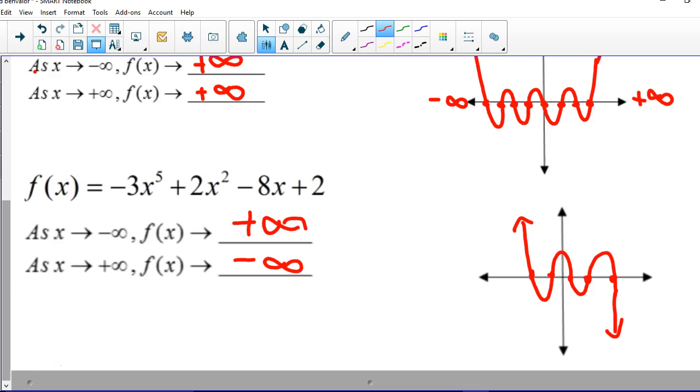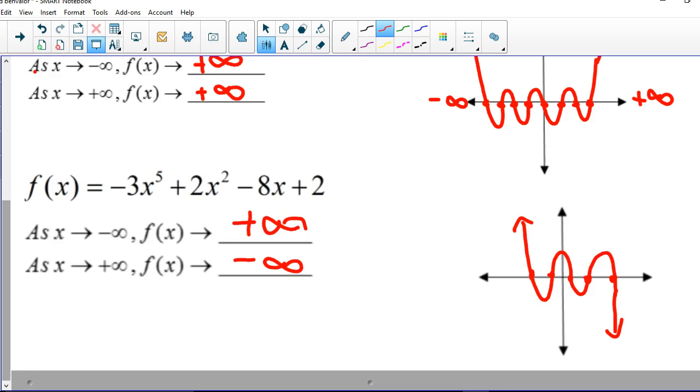I'm going to put some functions up here, and they're going to get easy, and then they're going to get hard. We need to look at the leading coefficient, so we know which way the right hand will go. And then what else do we have to look at? The degree is odd or even. Remember, we look first at the leading coefficient.